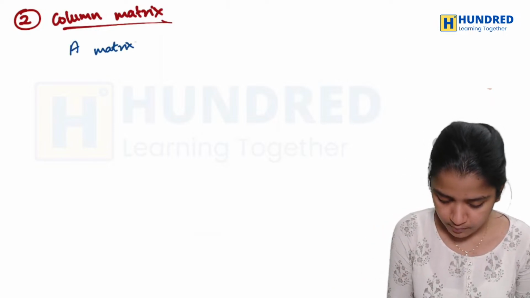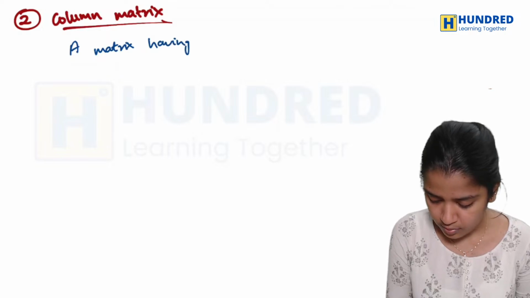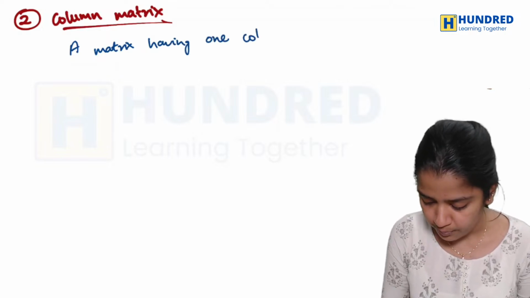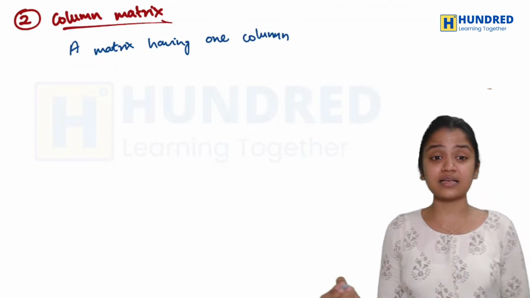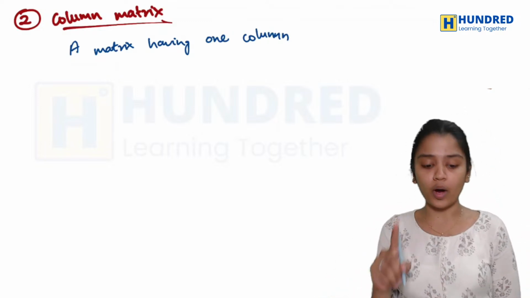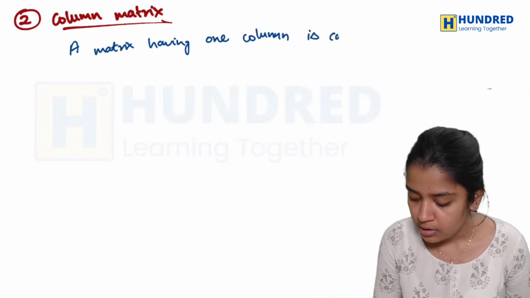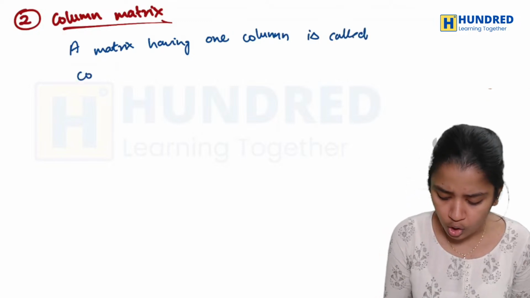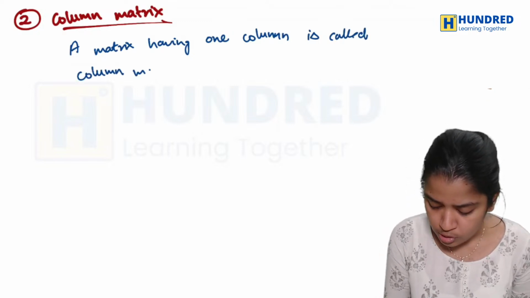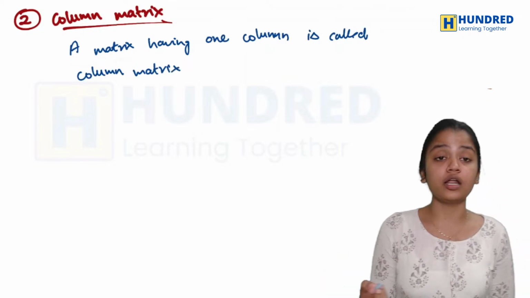So a matrix having one column is called a column matrix.